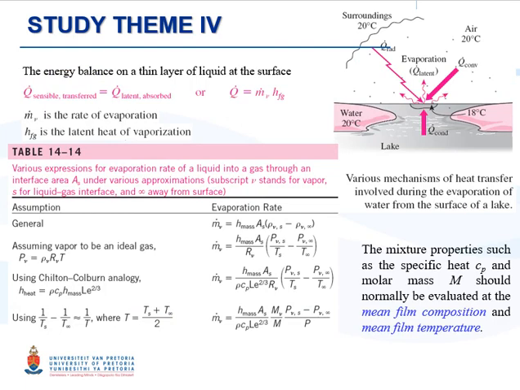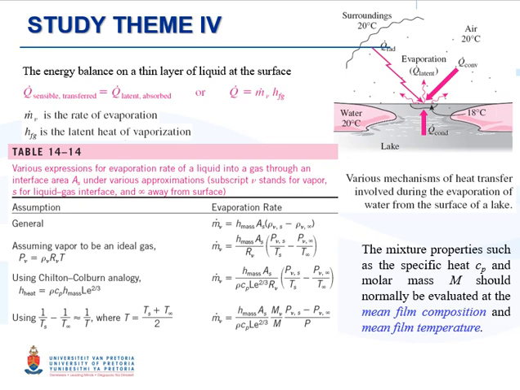There is some information about the energy balance on a thin layer of liquid. At the surface, you see that the Q dot sensible transfer is first the latent heat transfer. We said first we need to get the latent heat transfer, and after that it will be simultaneous heat and mass transfer.